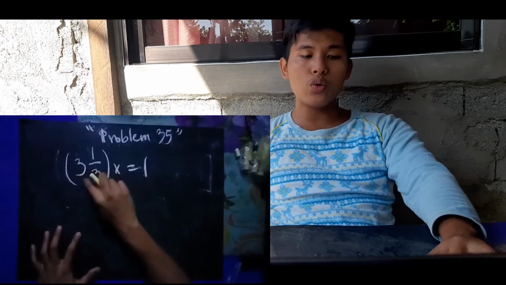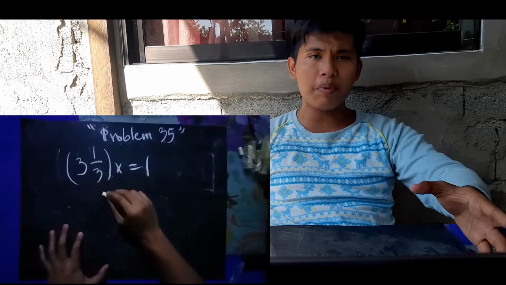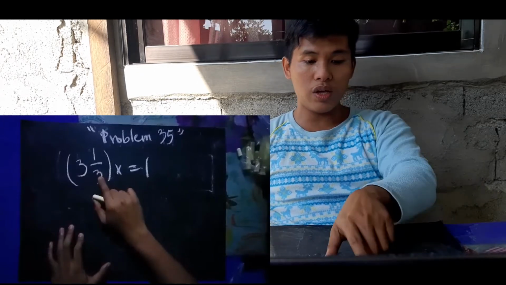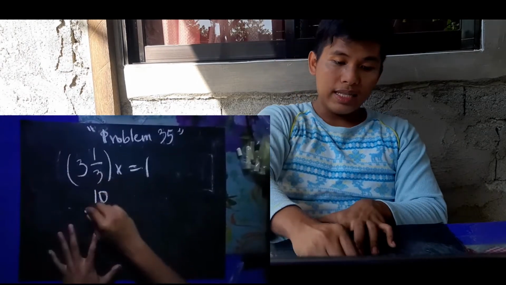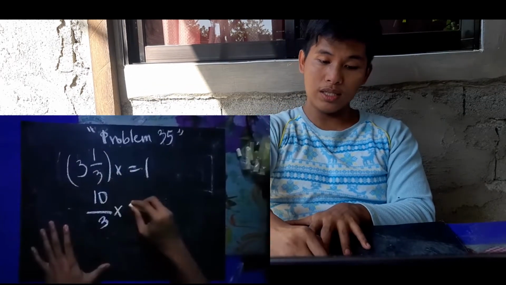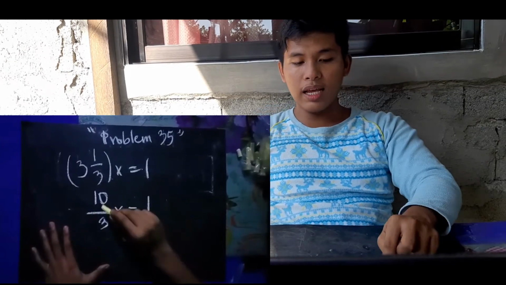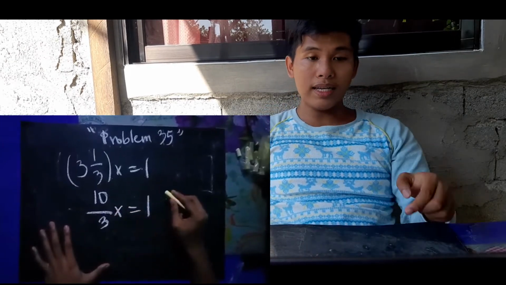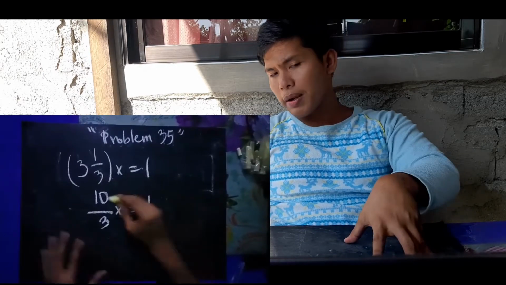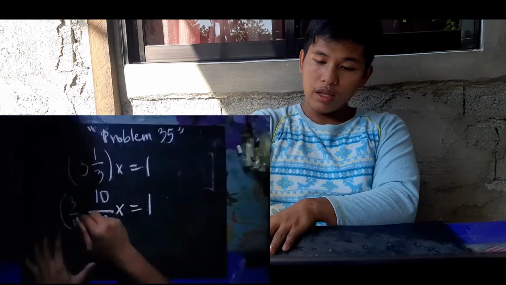If you are going to elaborate this equation, it would look the same as how you elaborate problem 19. Form this mixed fraction into an improper fraction. The improper fraction is 10 over 3, multiplied by x, so 10 over 3x equals 1. Again, cancel the 10 over 3 by multiplying by its reciprocal, 3 over 10.